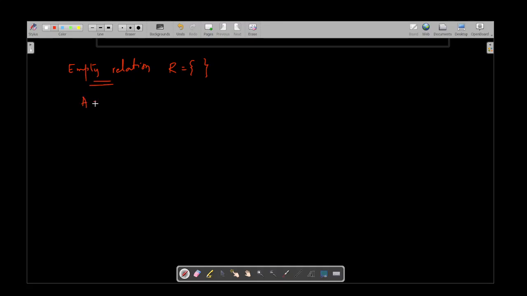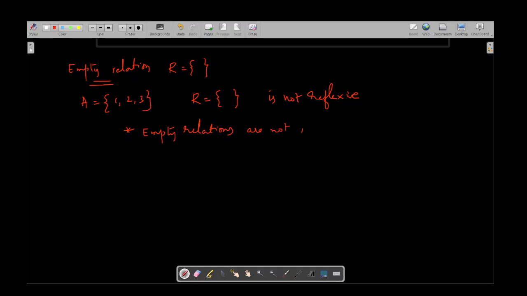If I have set A = {1, 2, 3}, and the relation is empty, then this is not reflexive, since no element of A is related to itself. So, this is the important note: empty relations are not reflexive.